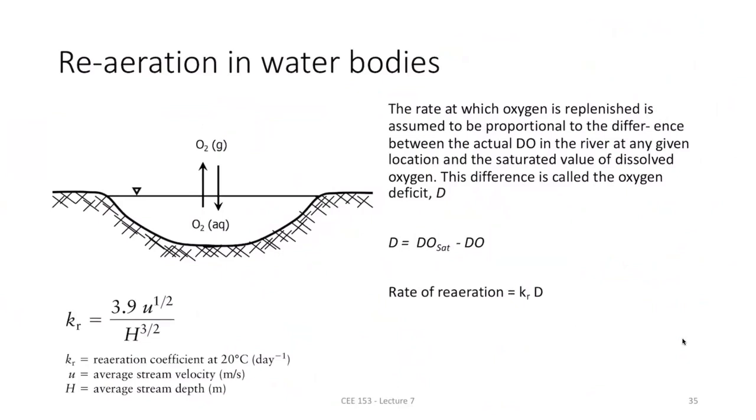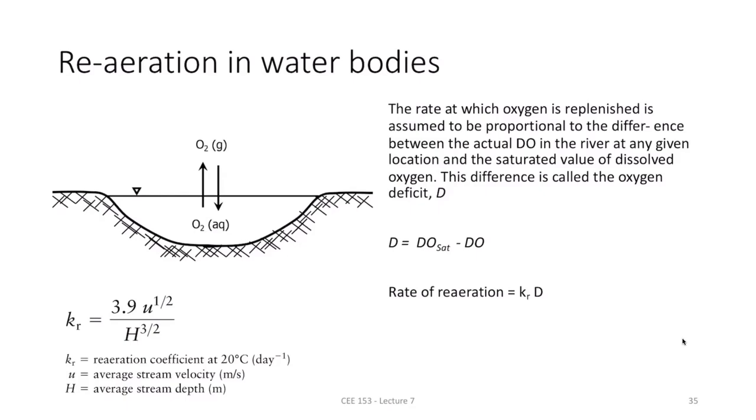But that answer is true for the BOD, but it doesn't say anything about oxygen. Oxygen concentration is depleted because of BOD being consumed, but at the same time, oxygen is also being reaerated or redissolved because of atmospheric pressure. Because the atmosphere has oxygen, it continuously has the ability to dissolve into water which doesn't have enough oxygen.